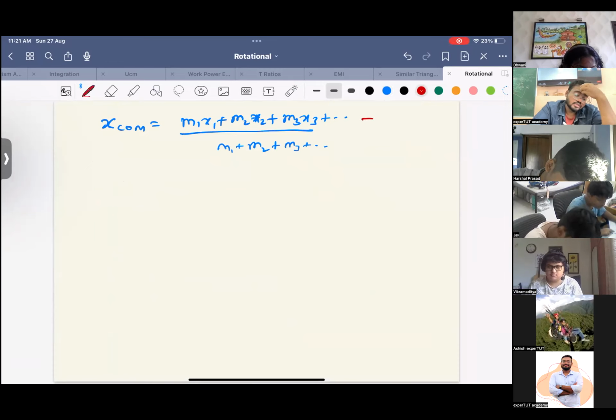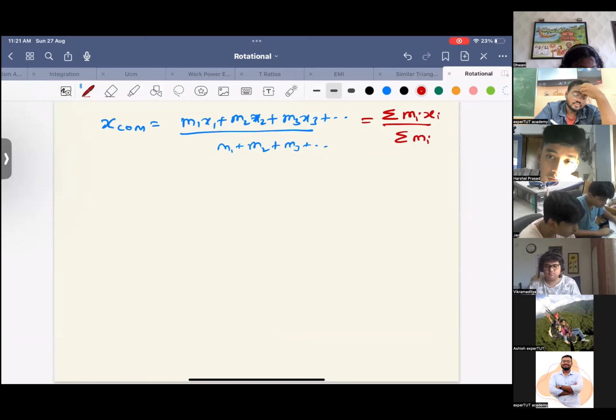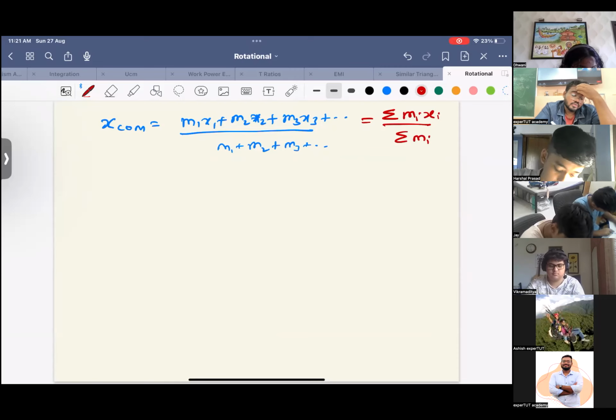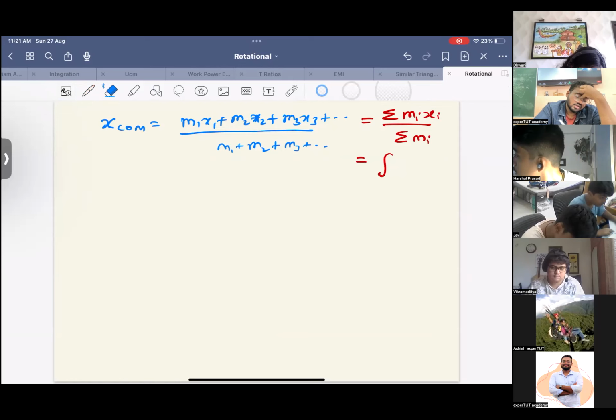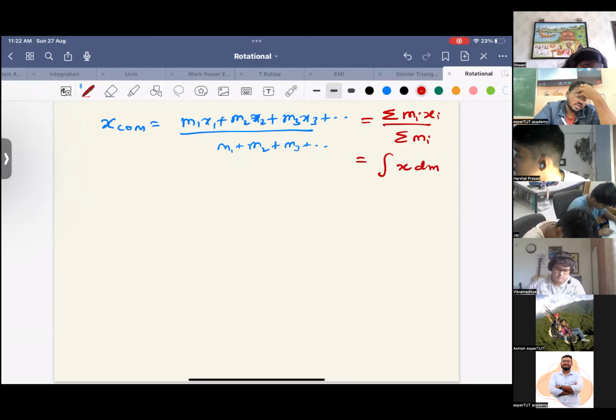It is also written as sigma mi xi by sigma of mi. Keep on writing. It is also integral x dm by integral dm. It is also this.